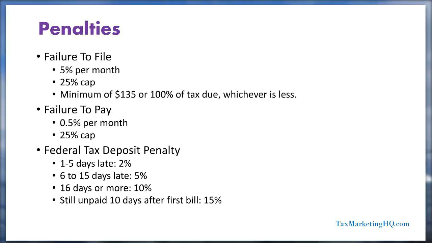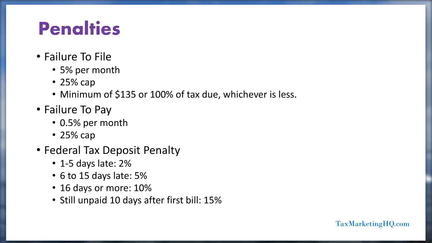Because you see how quickly they escalate. If federal tax deposits, and this applies, by the way, to monthly depositors, semi-weekly depositors, doesn't matter what their deposit schedule is, so if the deposit is between 1 and 5 days late, the penalty is only 2%. If it's 6 days to 15 days late, it's 5%. 16 days or more, it's 10%.